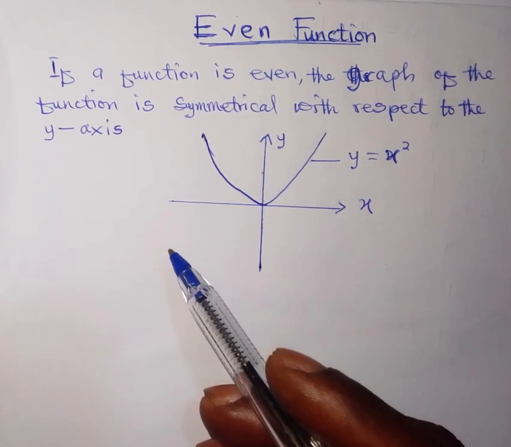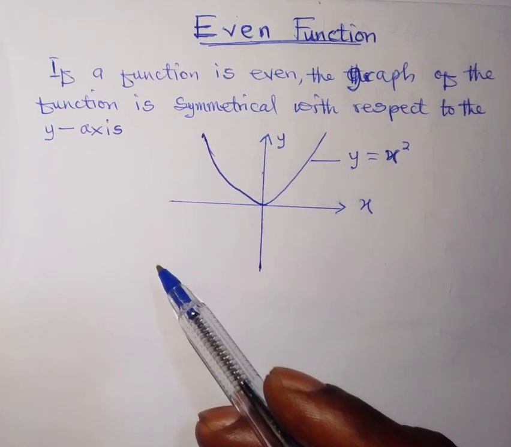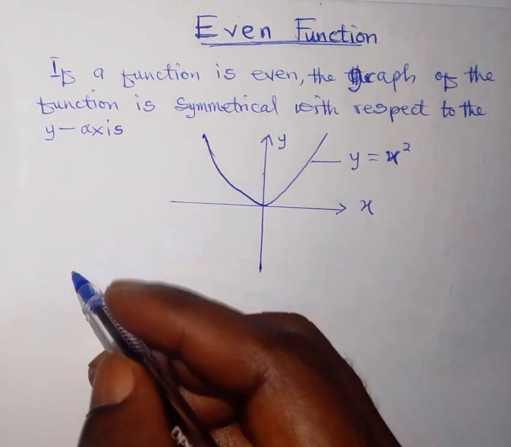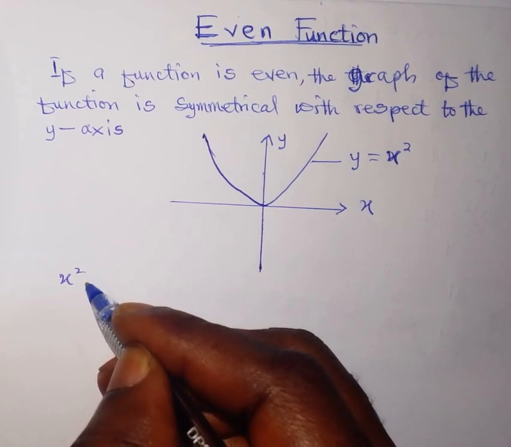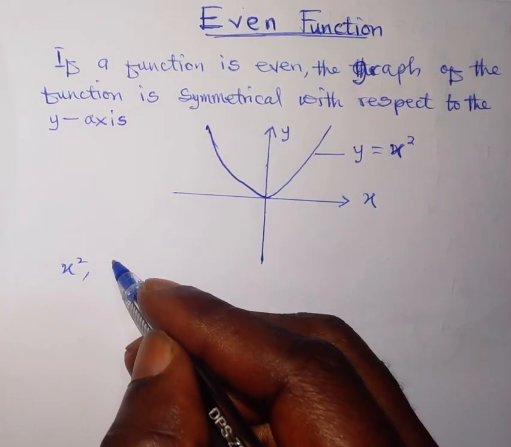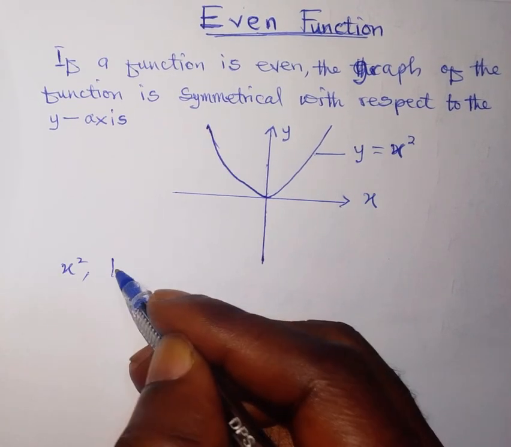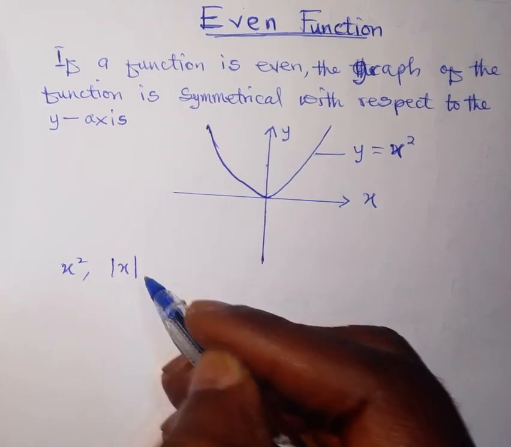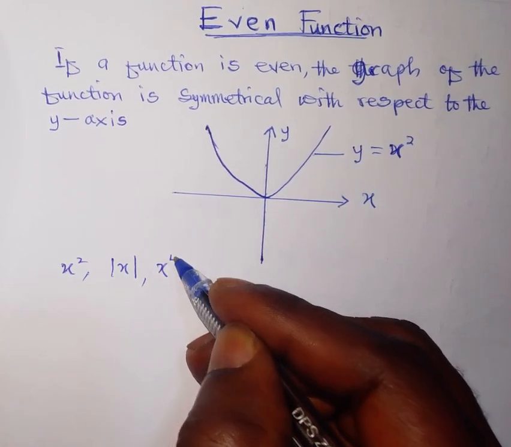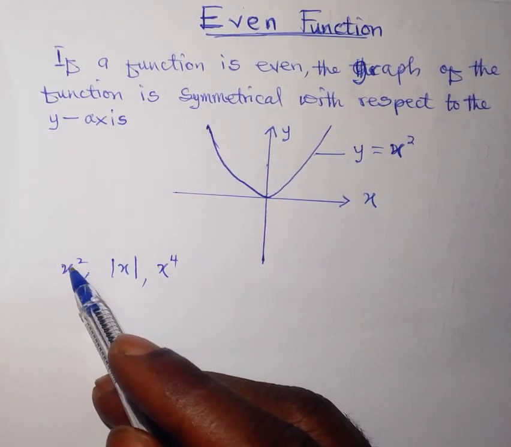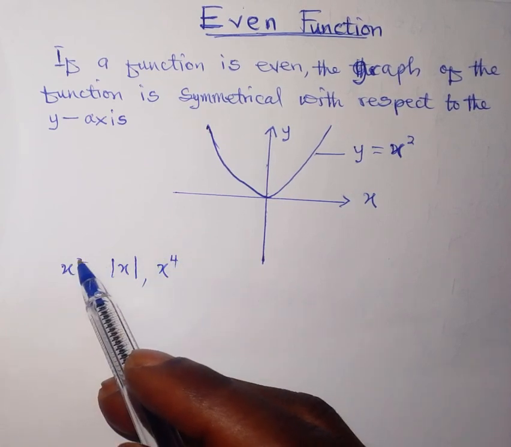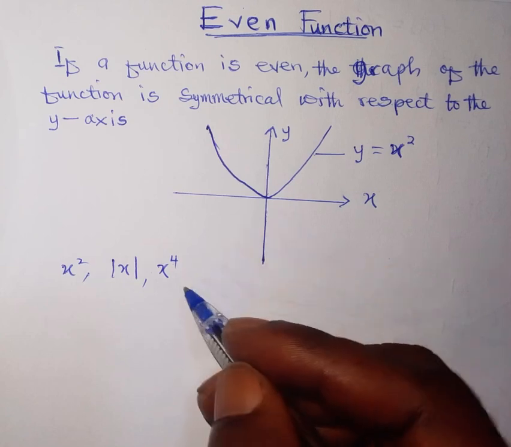So we can talk of some examples of even function. We can list some of them. So we have x squared as one example. We can have the absolute value function. We can have x exponent 4. So all the x exponent what? Even numbers. When you realize that the exponents are all even, they are all part.